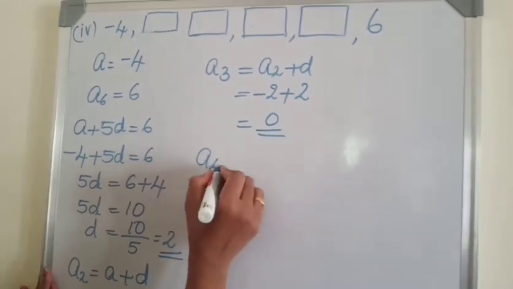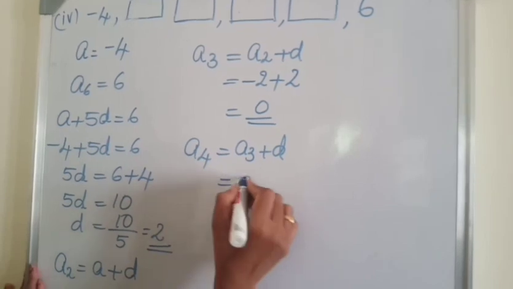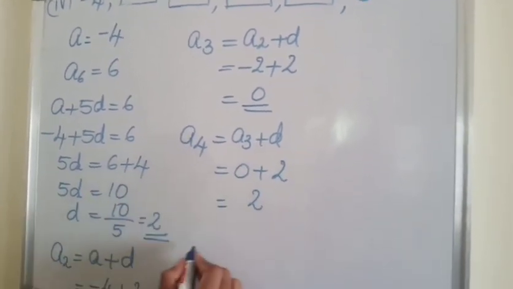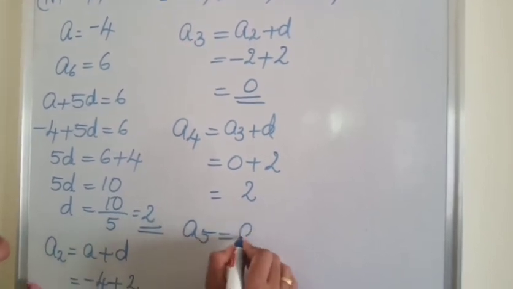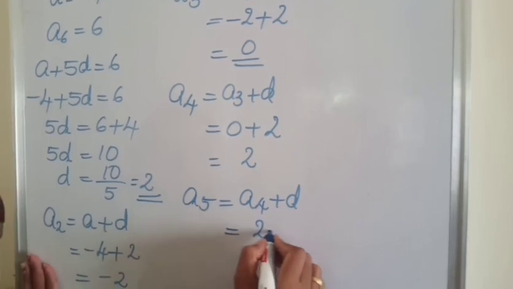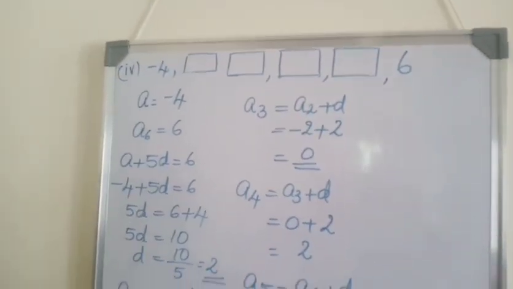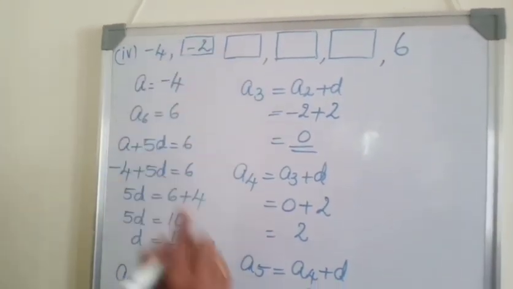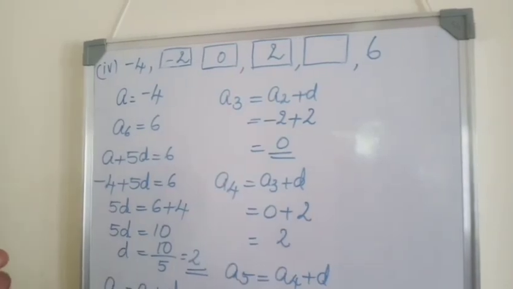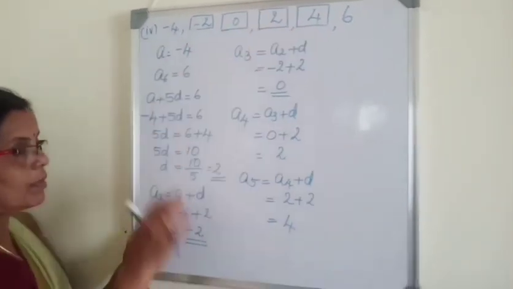Fourth term A4 is third term plus common difference. That is 0 plus 2. It is 2. Fifth term A5 is fourth term plus D. That is 2 plus 2. It is 4. So A2 is minus 2, A3 is 0, A4 is 2 and A5 is 4. These are the remaining terms.